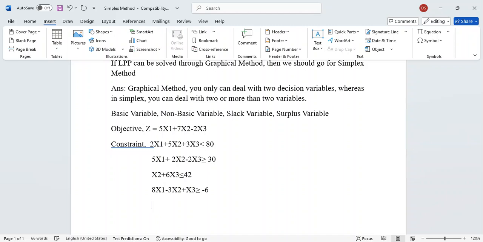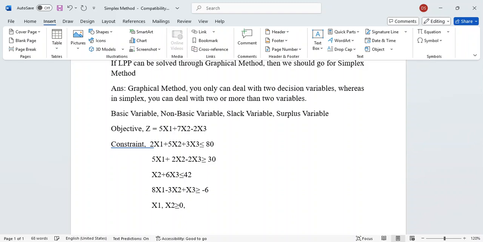The basic assumption is that x1 and x2 should be greater than or equal to 0, because you all know this is the prima facie for all types of linear programming models, the non-negativity conditions.